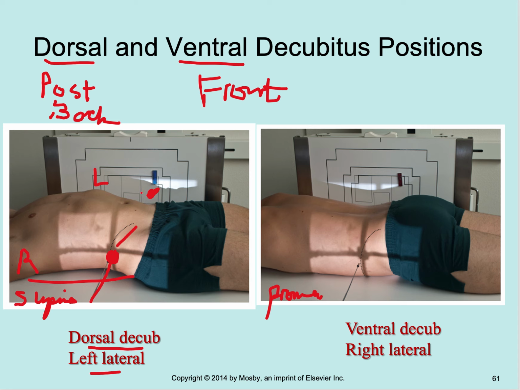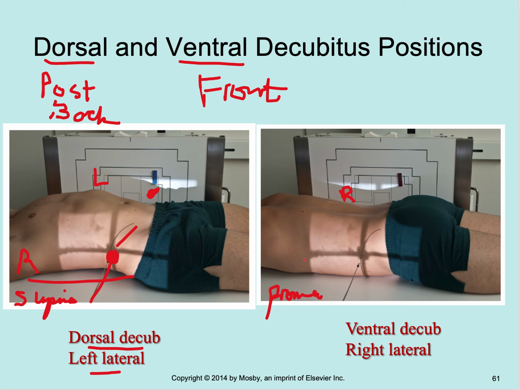Once again, it is a horizontal beam. So this prone side, this is a ventral decube. It is a right lateral because the right side is closest to the image receptor. It is entering the left side, exiting the right side. Ventral decube, right lateral because the right side is closest, so we call it the right lateral ventral decubitus.